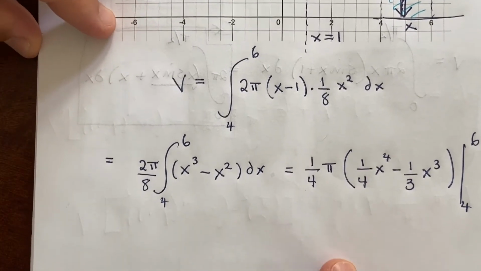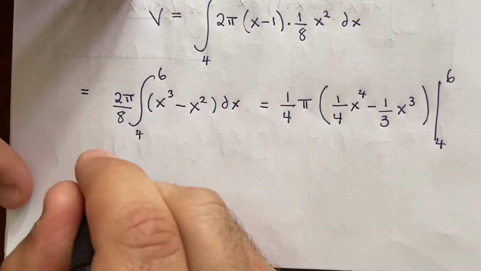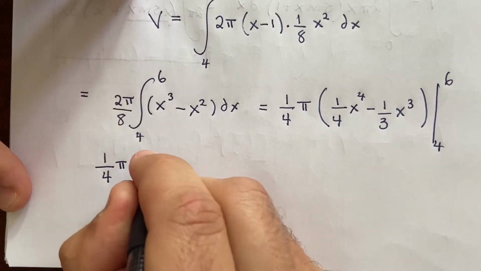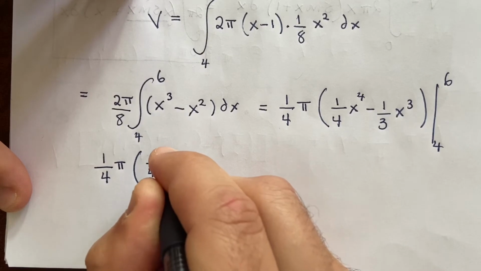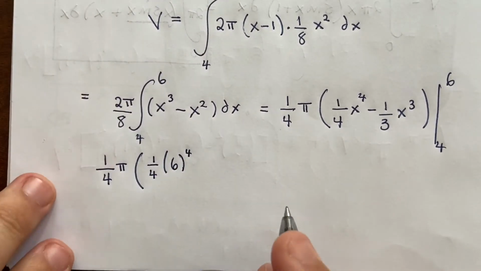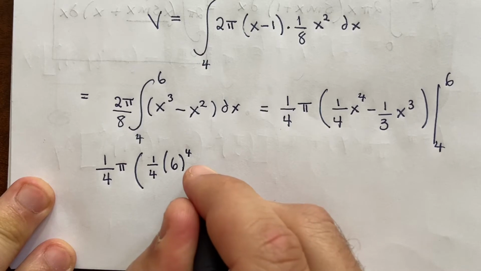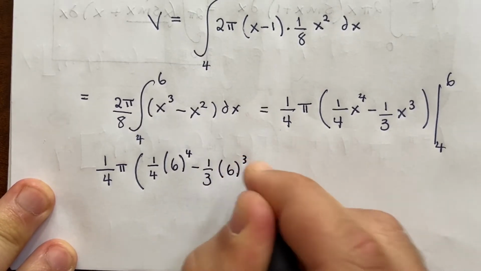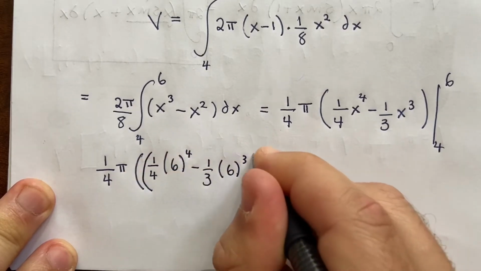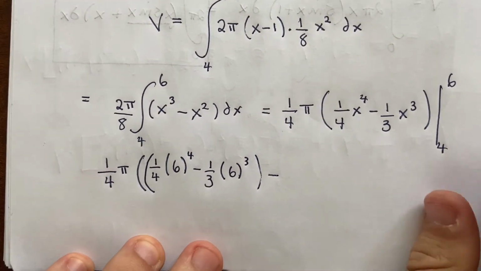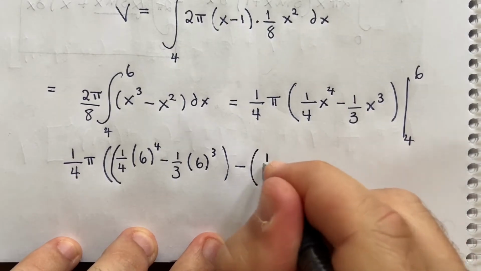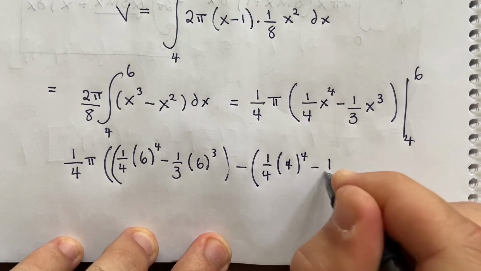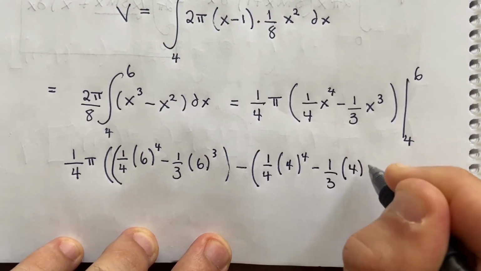Continuing that, we have 1/4 pi, 1/4 of 6 to the 4th minus 1/3 6 cubed, and then that's all minus 1/4 of 4 to the 4th minus 1/3 of 4 cubed.